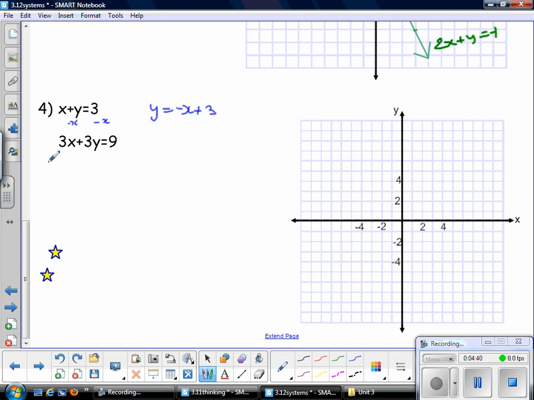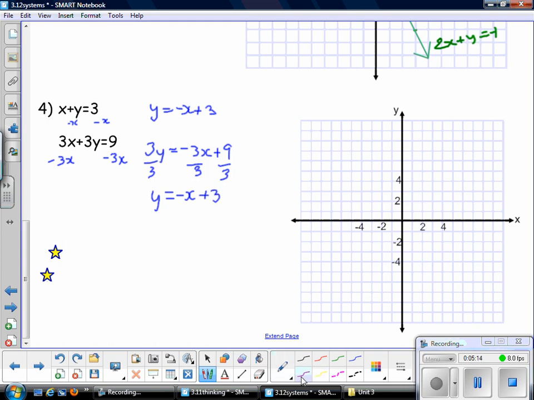This next one, I'm going to subtract 3x from both sides, and that would be 3y equals negative 3x plus 9. Then we need to divide everything by 3, and we end up with y equals negative x plus 3, since negative 3 divided by 3 is negative 1 and 9 divided by 3 is 3.